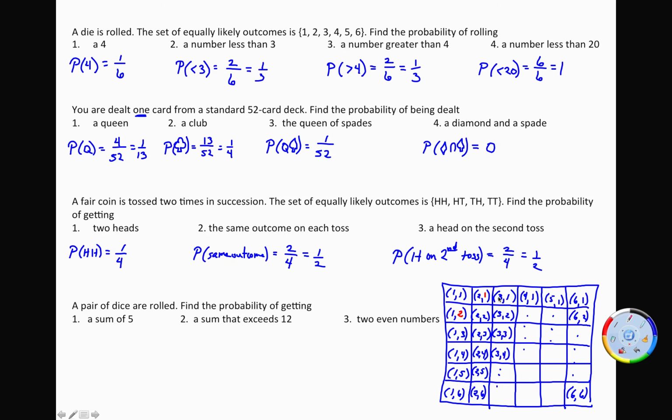So notice 6 times 6, this is a square of 36 possible outcomes. So keep that in mind anytime you're rolling a pair of dice.